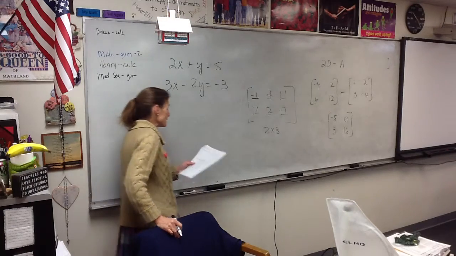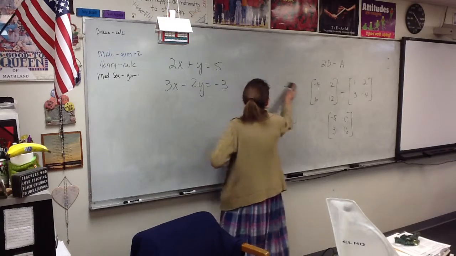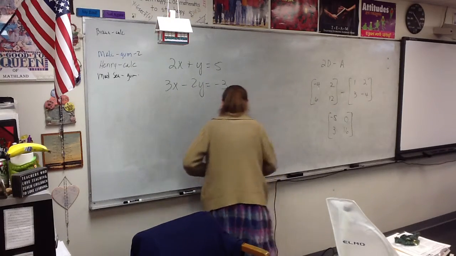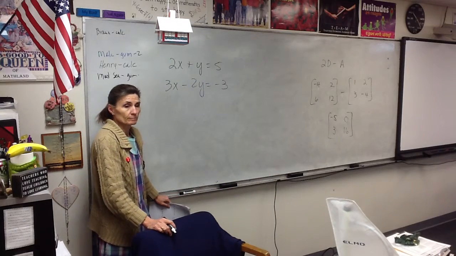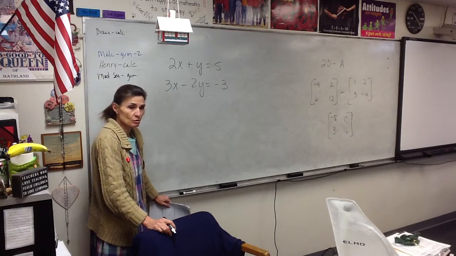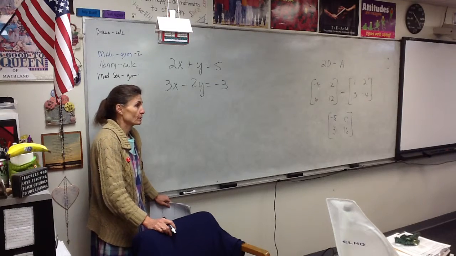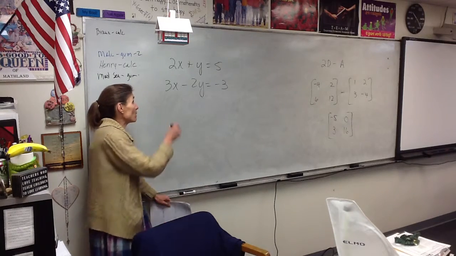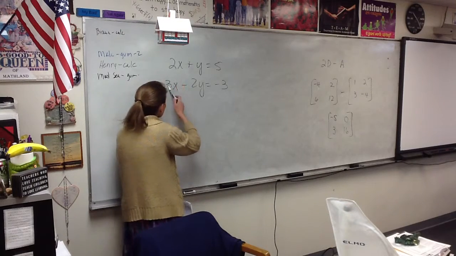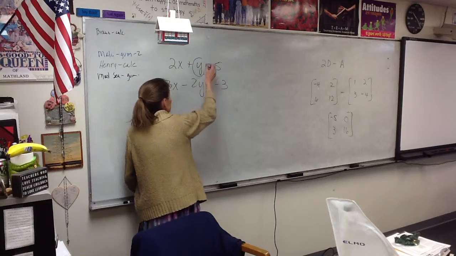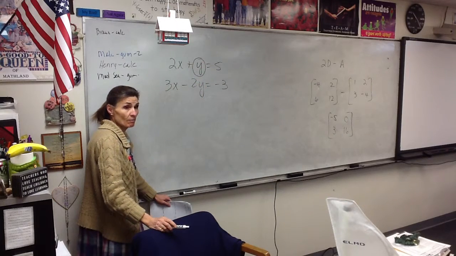Okay, directions say substitution. What does that mean, substitution? What do I do? I'm going to get one of these by itself. Now, as I'm looking at these, this looks like the best choice to get by itself, right?